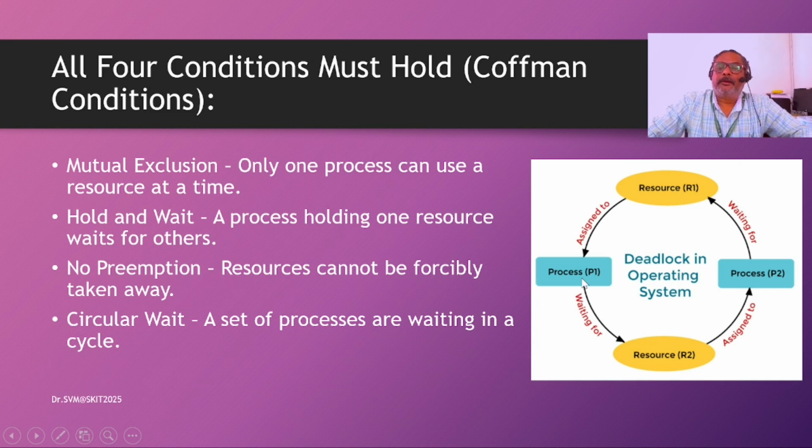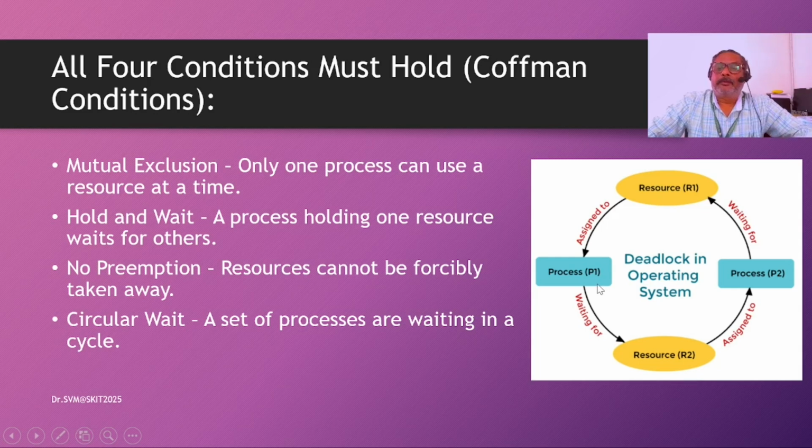Until P1 gets R2, P1 cannot continue, and therefore R1 cannot be released, and until P2 gets R1, it cannot continue, therefore R2 cannot be released. So if you look at it, mutual exclusion: R1 is assigned to P1, therefore P2 cannot get R1, done. R2 is assigned to P2, so P1 cannot get R2, done.